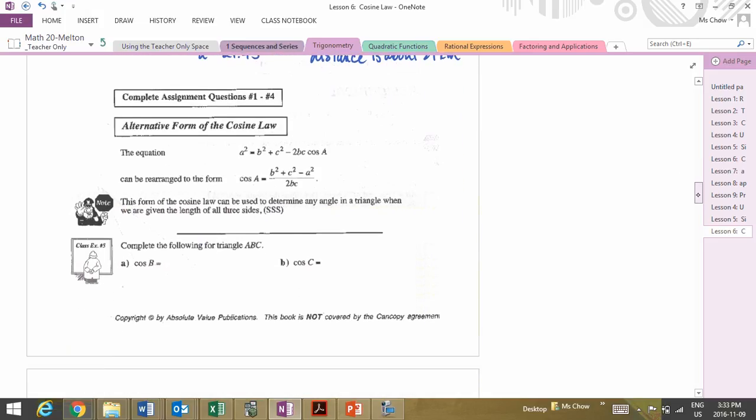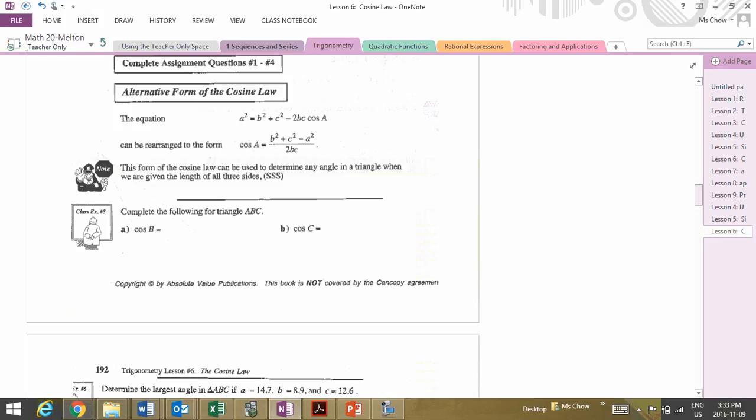So taking a look then, what happens if we have a missing angle that we want to find? So if we take a look, we've got a squared is equal to b squared plus c squared minus 2bc cosine of A. If we want to try to isolate cosine of A, we're going to start by subtracting b squared and c squared. So now we've got negative 2bc cosine of A is equal to a squared minus b squared minus c squared.